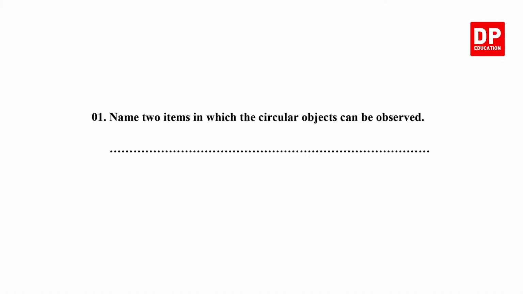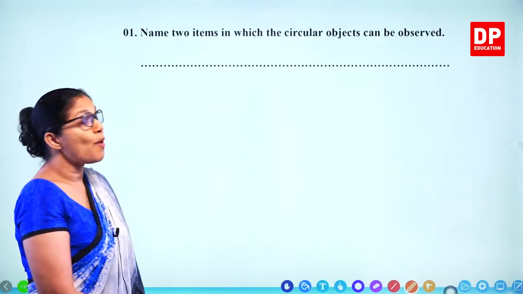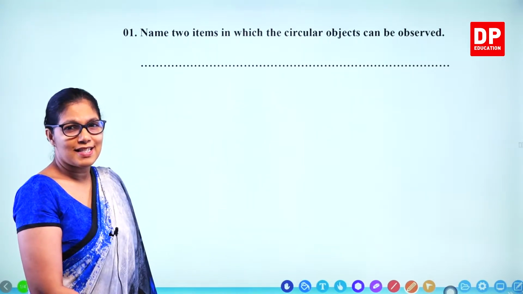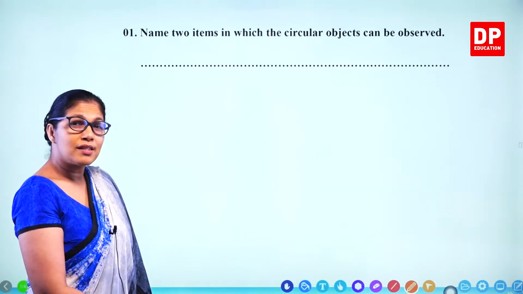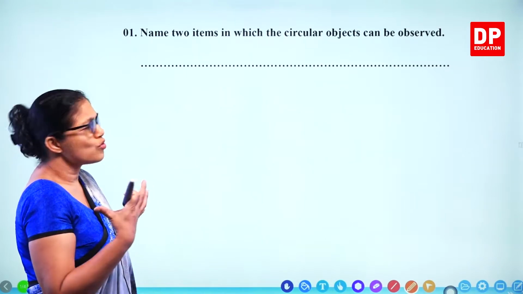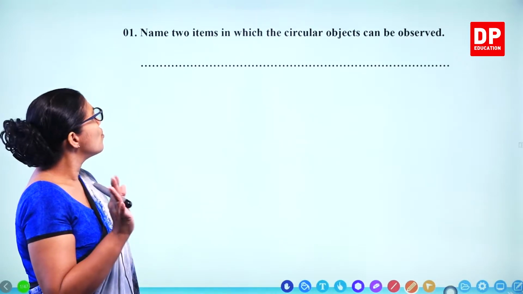Let's take question number 1. Name 2 items in which the circular objects can be observed. So that's your first lesson about circles. So what are the objects? You can write clock, coins, drum, sieve. So many objects are there. So you can write any 2.